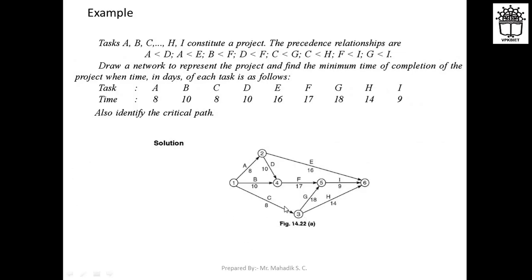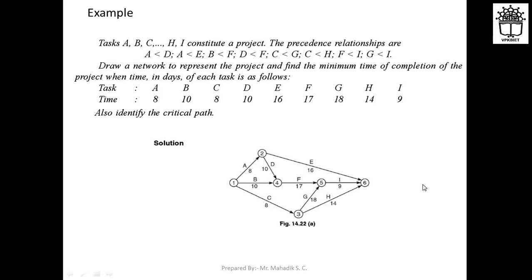Then another example on finding the critical path and time duration, as we have seen in the second problem in the second slide, right? At the earliest of this session, we saw that some problems will be asked from CPM, that is critical path method. So find out the critical path for the given network diagram and how much the time duration will be.